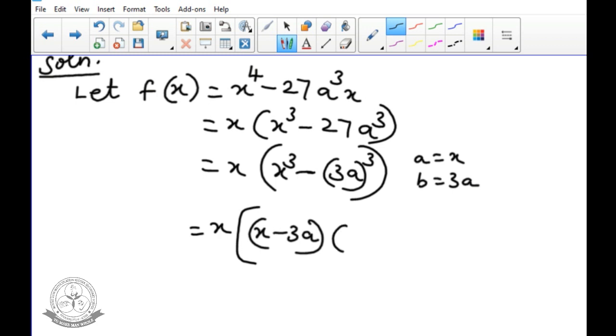Next, a square is x squared, plus ab is 3ax, plus b square is 3a the whole square, so 9a square. So we get x minus 3a into x square plus 3ax plus 9a square. This is f of x.